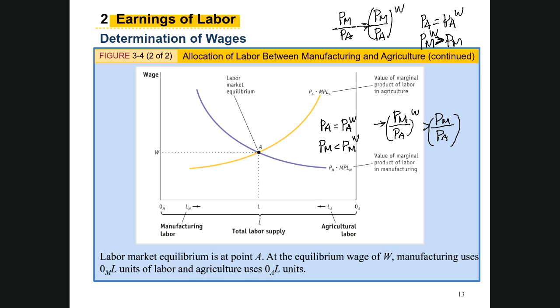Okay, so this will shift up the PM times the value of the marginal productivity of labor in manufacturing, like this. So where is the equilibrium right now?